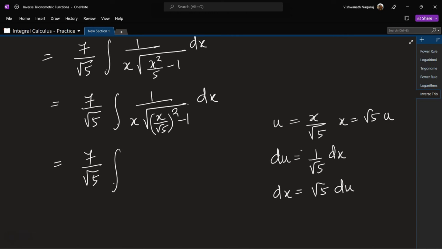So here dx is there, so square root of 5 du divided by x is square root of 5 u times square root of u square minus 1. Here square root of 5, square root of 5 cancels, and we have 1 by u times square root of u square minus 1, and we know this.